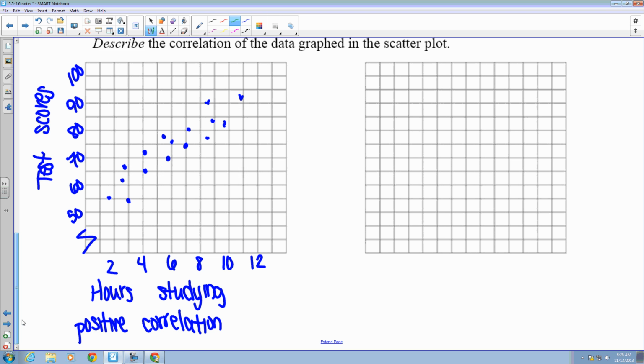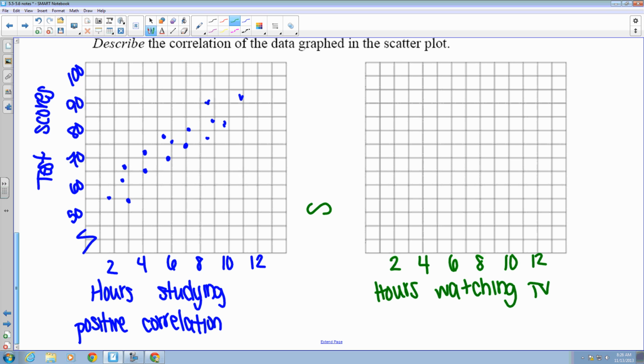Okay, our second graph is going to have almost the exact same values on the side, but different labels. This one is going to be hours watching TV, and the same thing up the side: test scores.